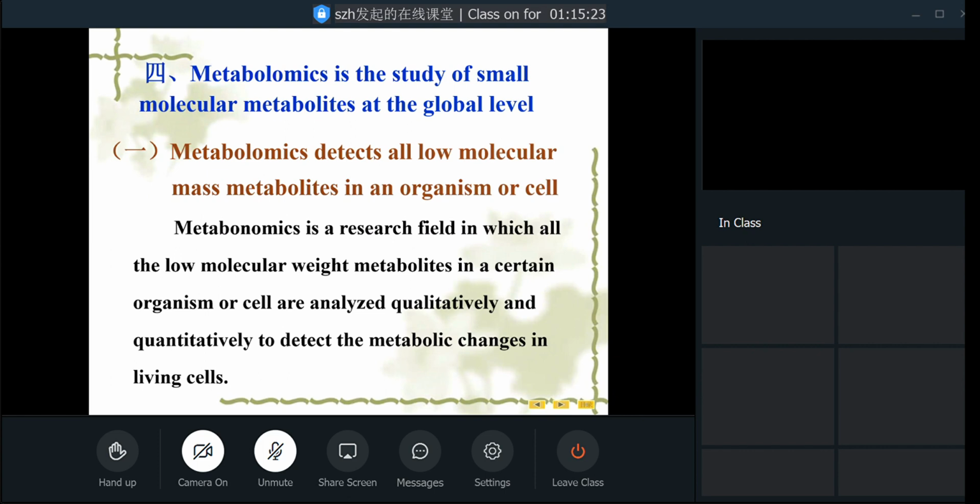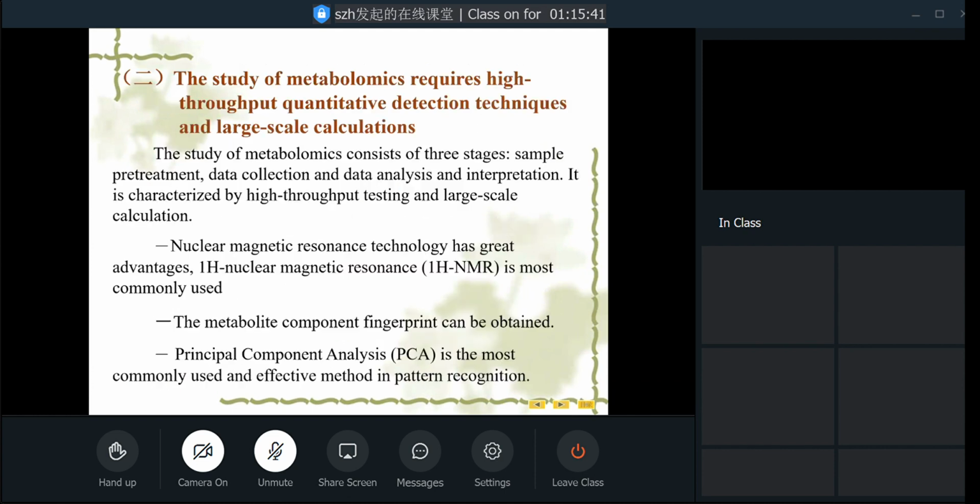This is a comprehensive scientific research method. It detects all the low molecular mass metabolites in the organism or in the cell, studying the whole quality. And second, the study of metabolomics requires highly sensitive quantitative detection techniques and large-scale calculation.